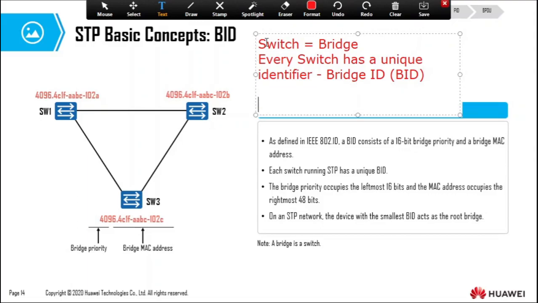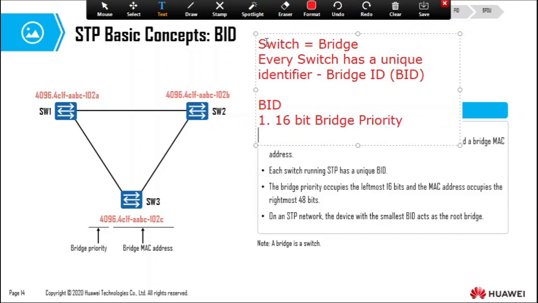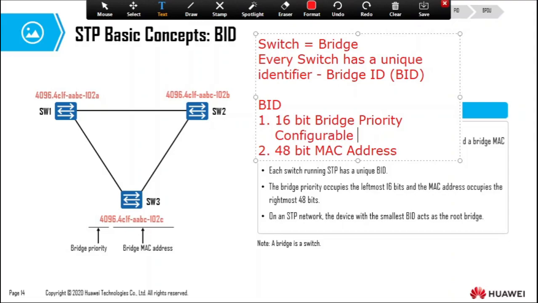Now, the BID is made up of two parts. Number one is a 16-bit bridge priority. Number two is a 48-bit MAC address. The bridge priority is configurable, meaning you are able to change it.